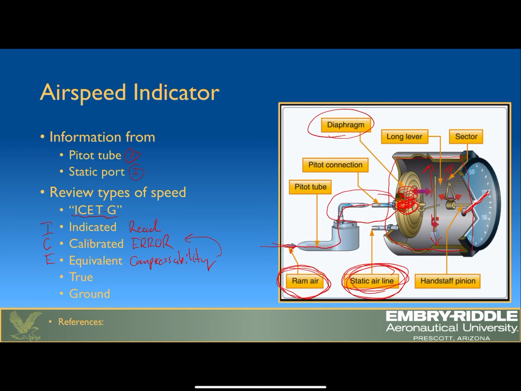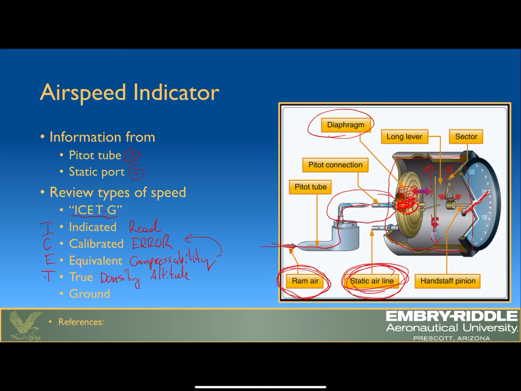Okay, next we have true. This is where the T comes in. We have true airspeed, and hopefully you know this one. This is an important one. True airspeed is calibrated airspeed corrected for density altitude.